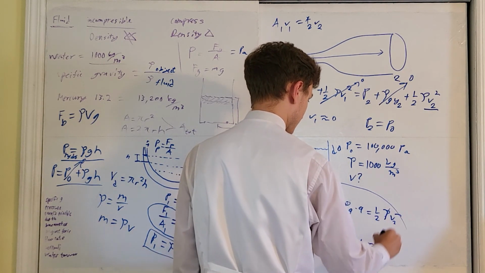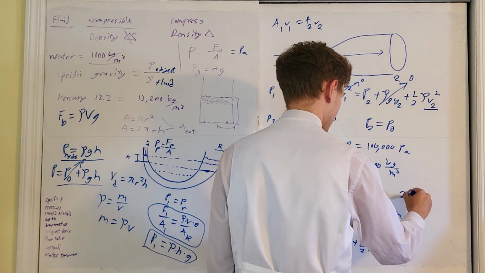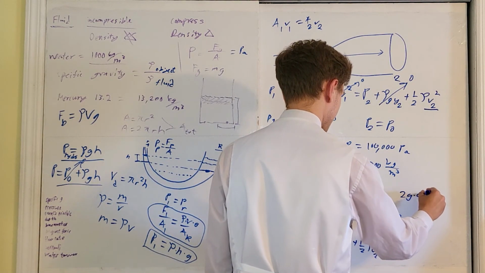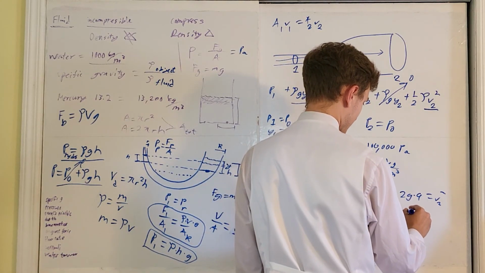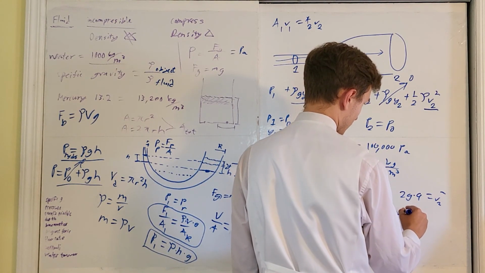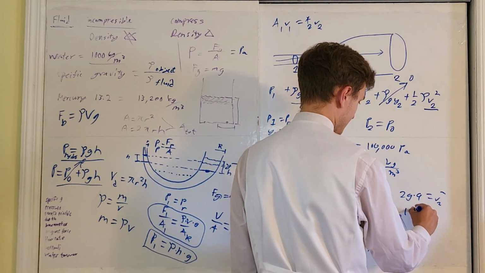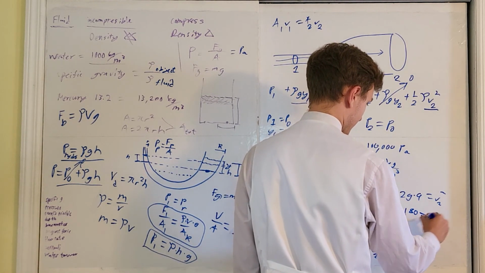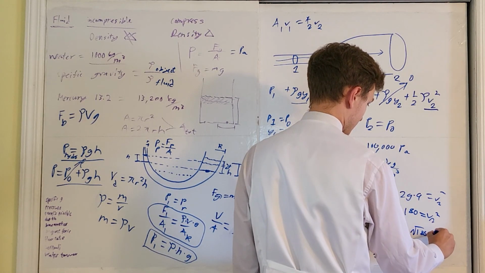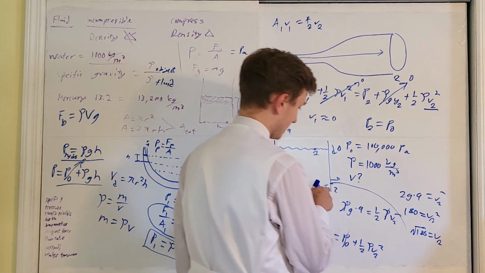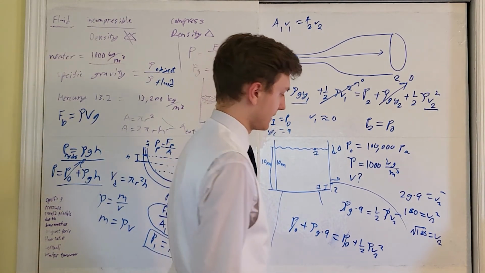Our rho's cancel out. We get 2g times 9 equals V2 squared. g is 10, so we get 20 times 9, which would be 180, equals V2 squared, and root 180 equals V2. And that's how we find the velocity at which water exits that little hole.